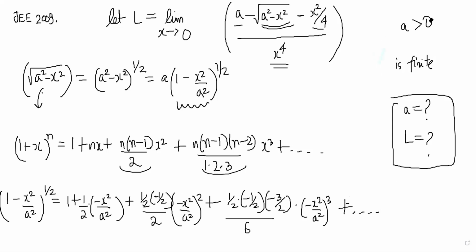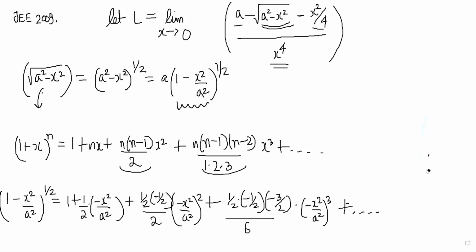Let me simplify it a little bit here. This series is equal to 1 minus x square by 2a square. And this is minus 1 by 4 by 2, so 1 by 8, and the minus comes, so minus 1 by 8 times x power 4 by a power 4.